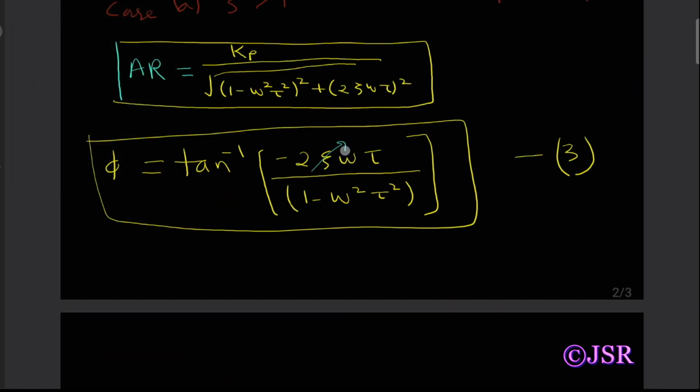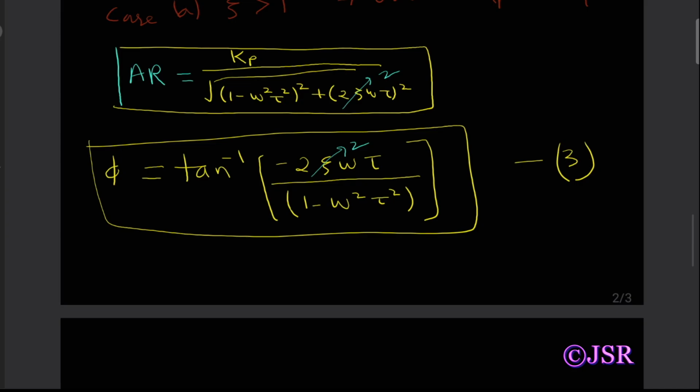So in this case, let's say we have zeta is equal to 2. So the amplitude ratio will become Kp upon under root 1 minus omega square tau square plus 2 to the 4, omega square tau square, this will be 16 omega square tau square.